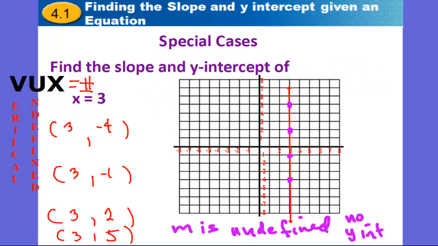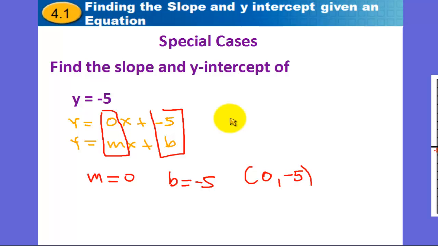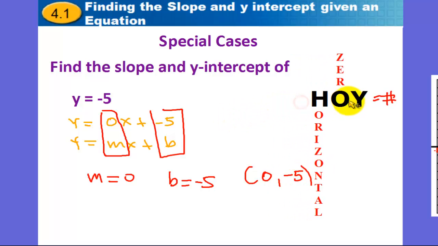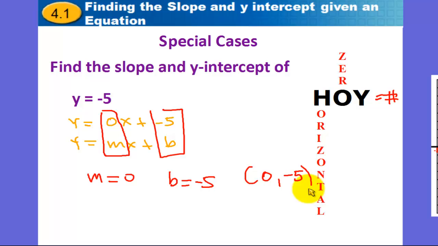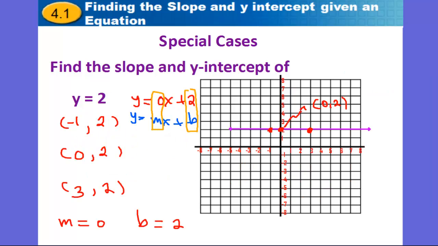For a horizontal line, we can just use our HOY. So I have a horizontal line, slope is 0, and the equation is y equal to a number. In this case, y equals -5. And with our first example, I have a horizontal line, the slope is 0, and the equation is y equal to a number. In this case, y equals 2.